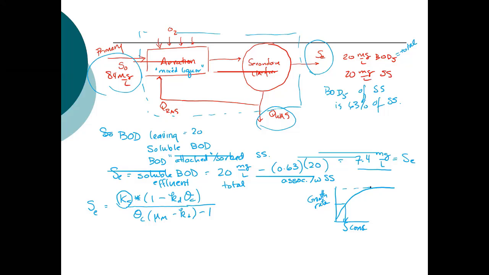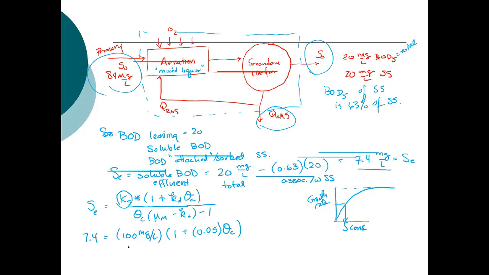So if we substitute in here, we have 7.4 equals, and these are the values you're given from pilot studies and empirical studies, 100 milligrams per liter times, and this is a plus, I apologize, 1 plus 0.05 times the mean cell residence time, that's what we're looking for, divided by the mean cell residence time times 2.5 plus 0.05, minus 1.